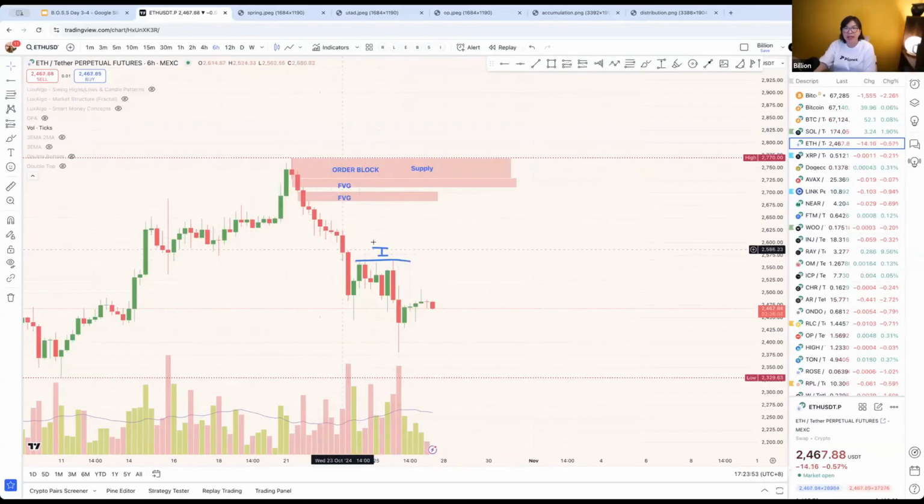So once you have an inducement, change of character, after it induces, if it goes down, there is a tendency, and then I use the order block as my entry. Anything that comes back to this level also forms a high, right? If you were to look at it, this is a high. When it comes to the equal high, once it finishes eating the FVG, chances are that it might do a retracement.